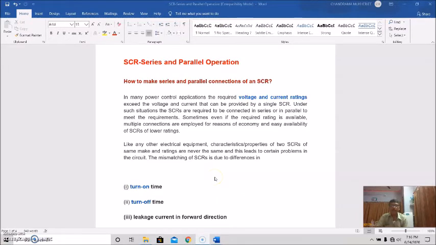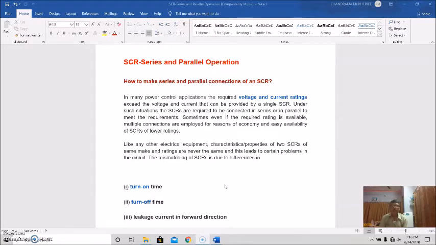So now, series and parallel operation of SCRs. How to make series and parallel connections of an SCR? And first of all, we have to know why we do so, basically why it is required. In many power control applications, the required voltage and current ratings exceed the ratings that can be provided by a single SCR.